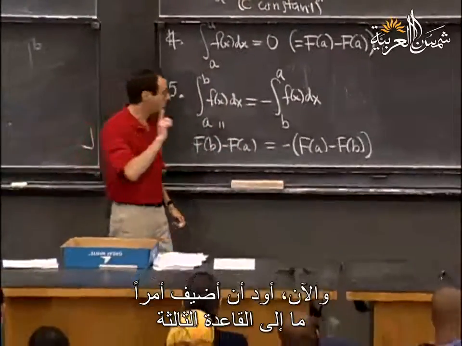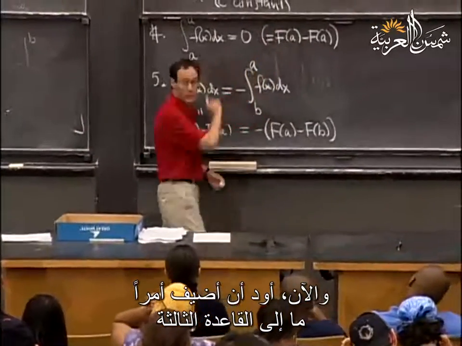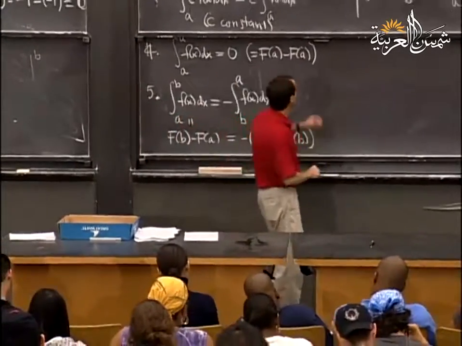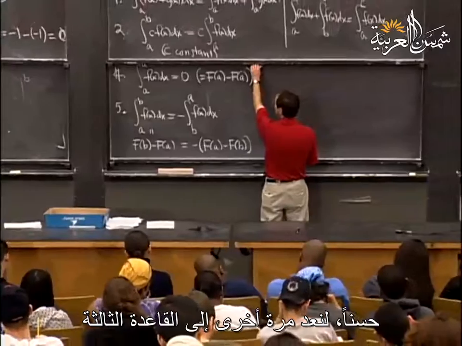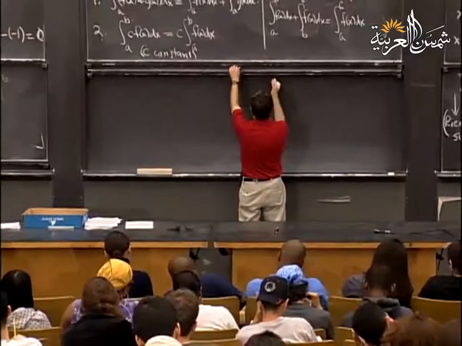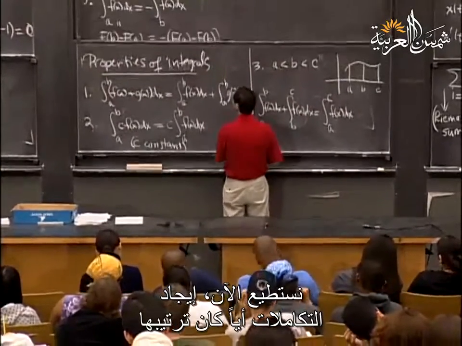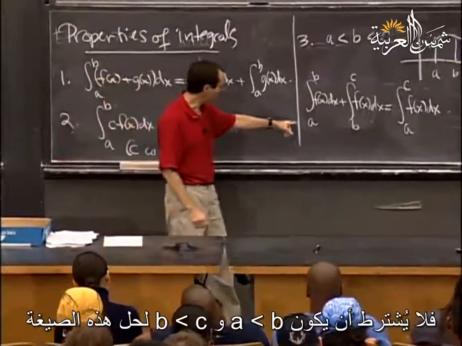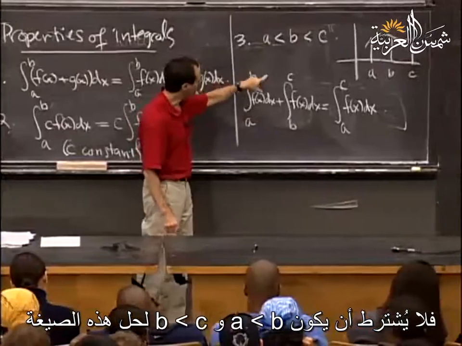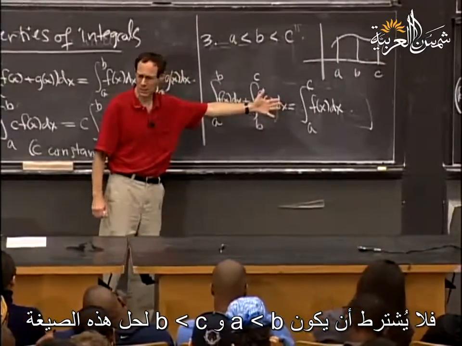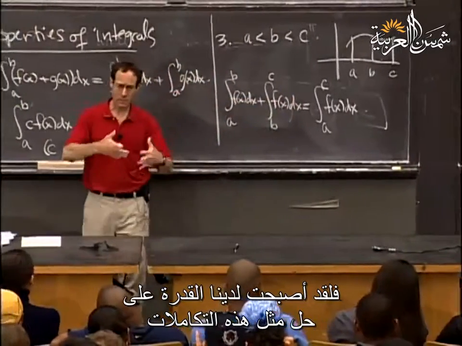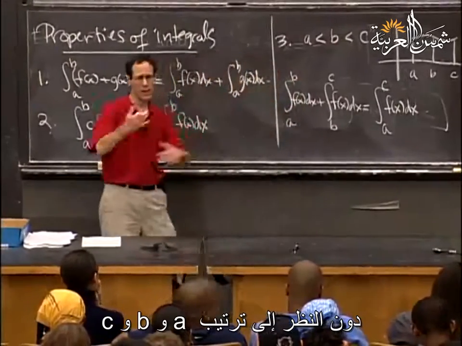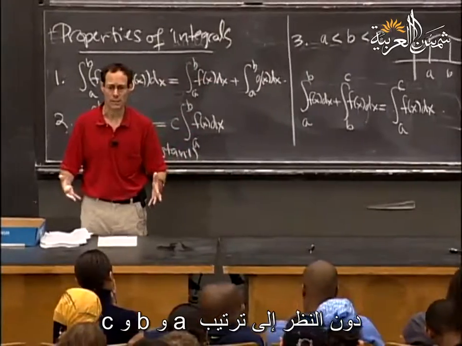And now I want to improve on Rule 3 here. Let me go back to Rule 3 for a second. Now that we can evaluate integrals regardless of the order, we don't have to have a less than b, b less than c in order to make sense out of this. We actually have the possibility of considering integrals where the a's and the b's and the c's are in any order you want.